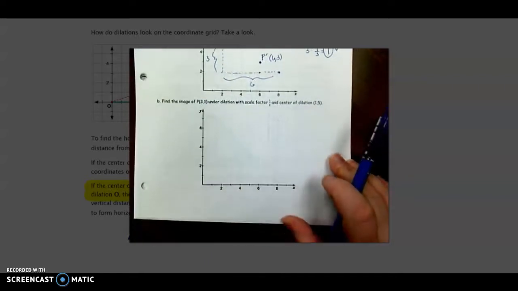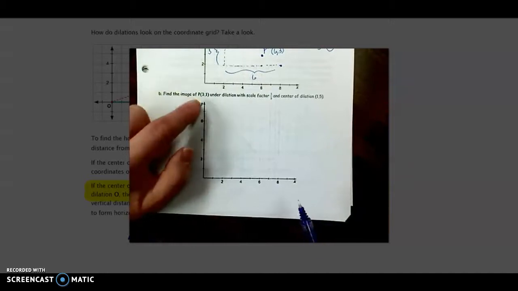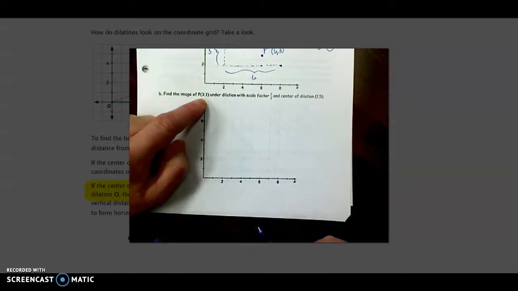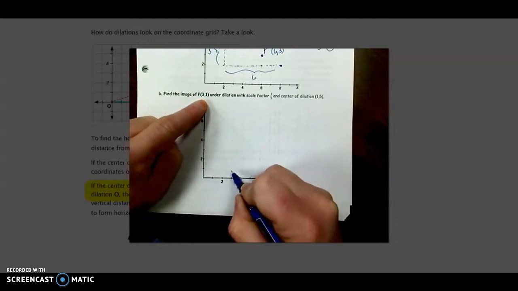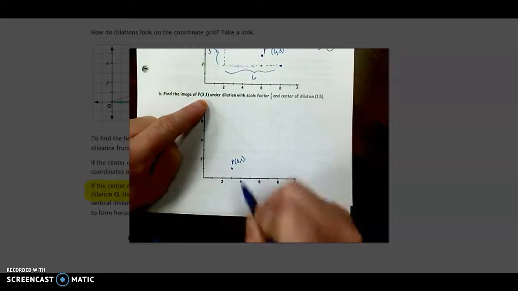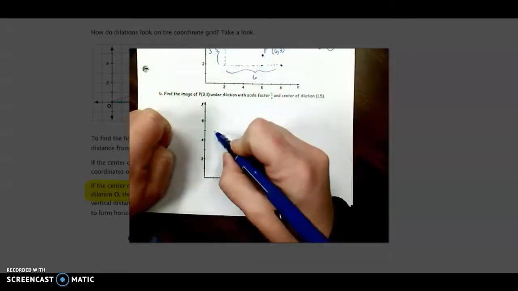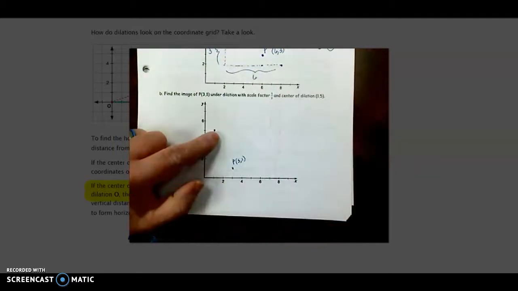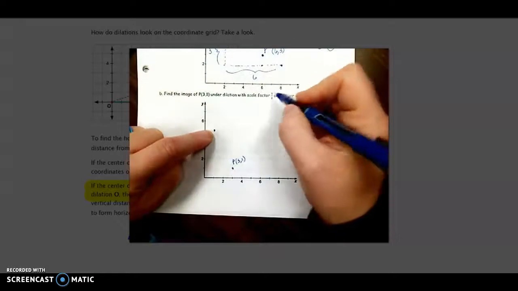Okay, so let's try that again down here. So remember, we're going to begin by plotting our pre-image, 3, 1, which is point P. And our center of dilation this time is at 1, 5. So remember, that's my starting point, the center of dilation. I'm going to apply a scale factor of 1/2.